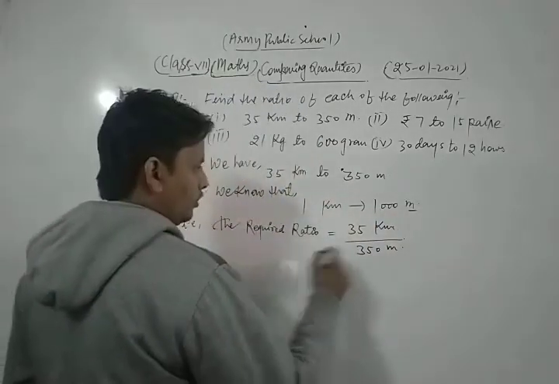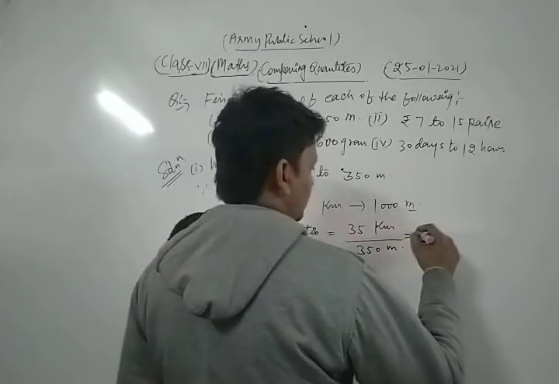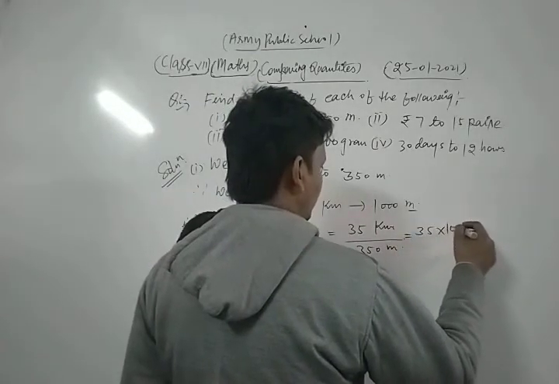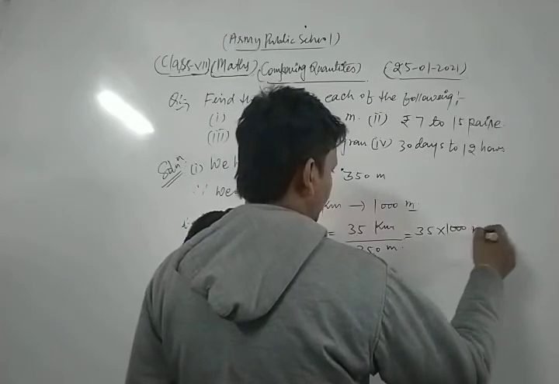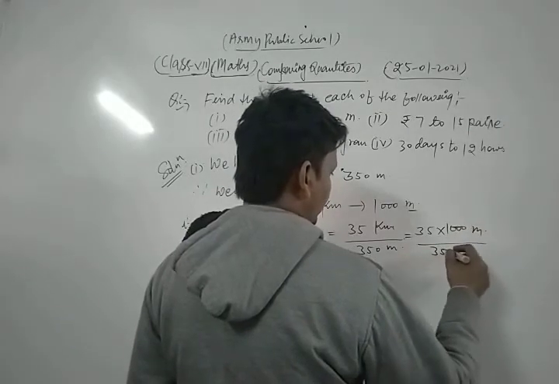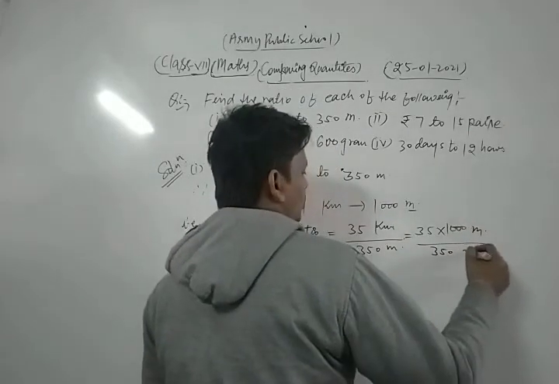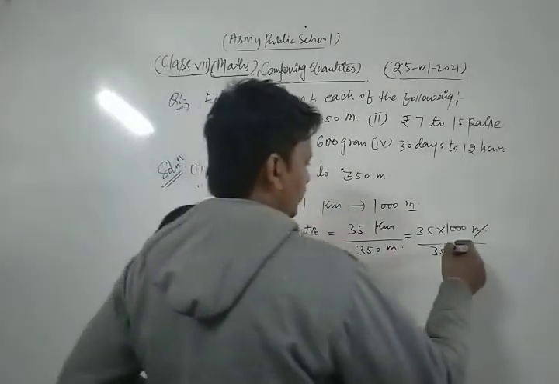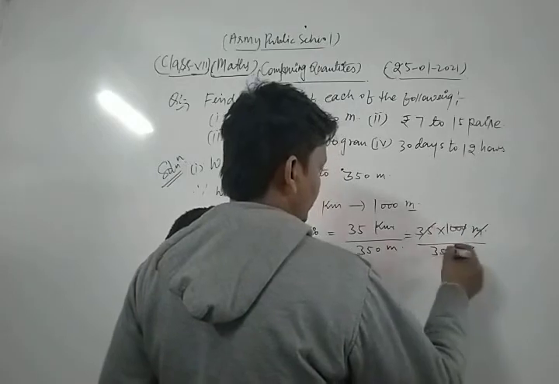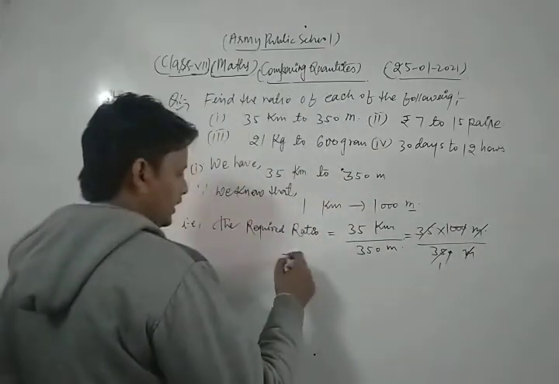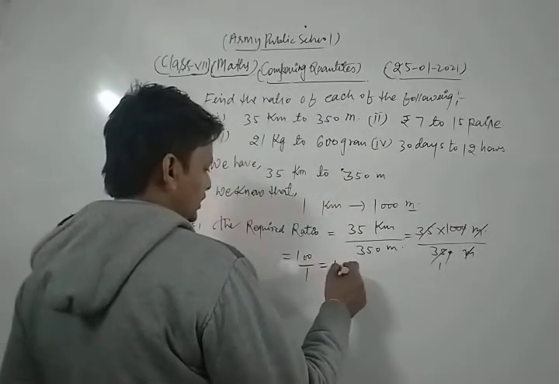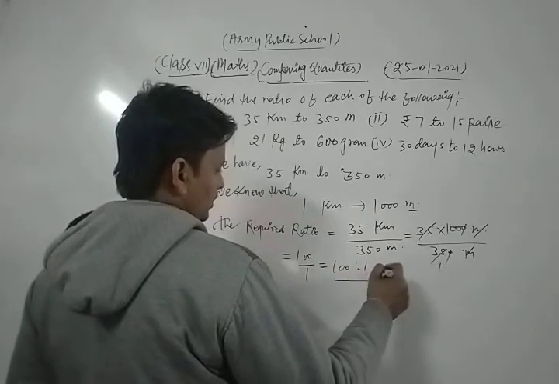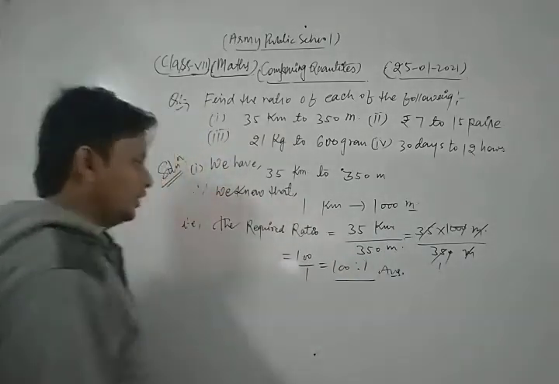Now first of all we write it as 35 into 1000 meter upon 350 meter. Now meter cancels with meter, and 10 and 10 also cancel, and 35 divided by 35 is 1. Thus we get 100 upon 1, that is the required ratio, 100:1. This is our required solution of the given question.